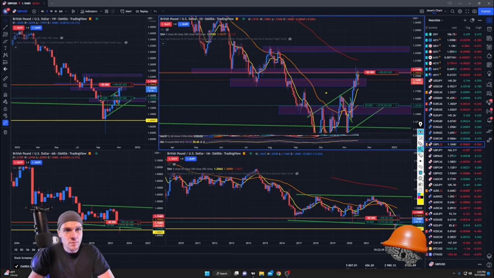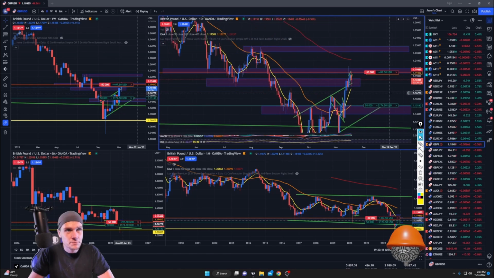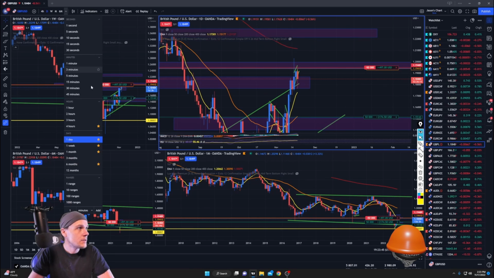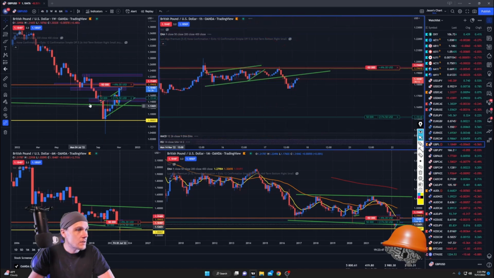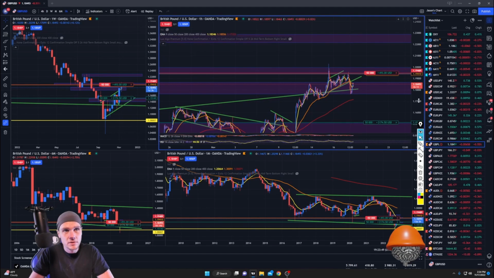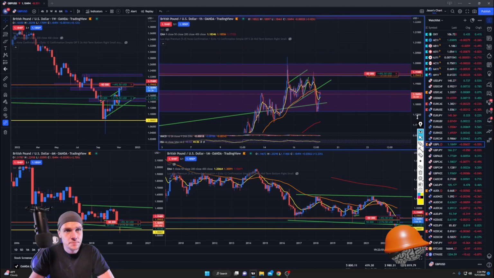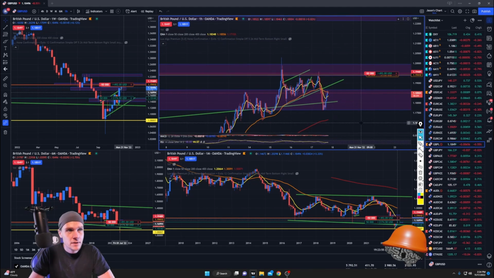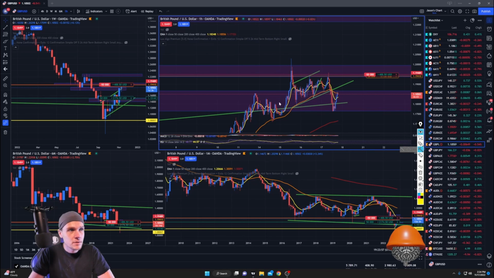So we've got GBP marked out, and last night I placed a trade before I went to sleep, and it got triggered. With GBPUSD, price came up into this box here, passed through it a little bit, and got rejected really hard.